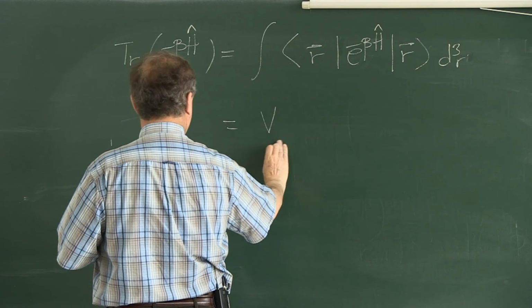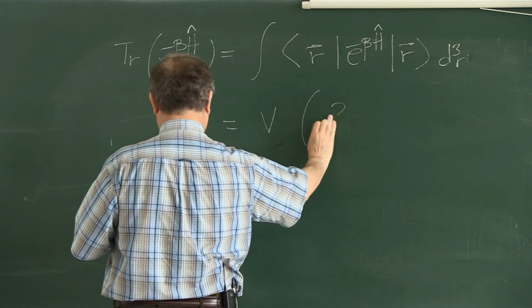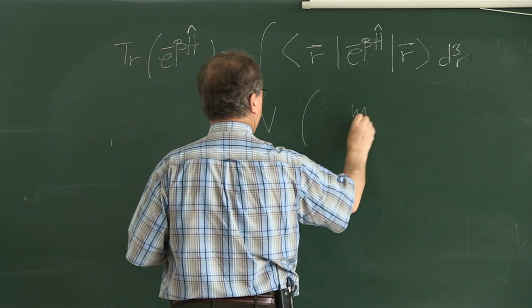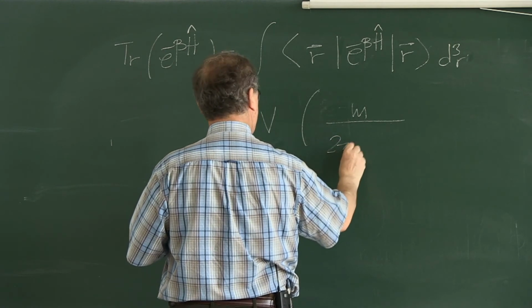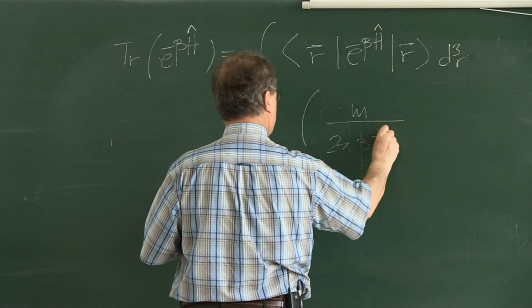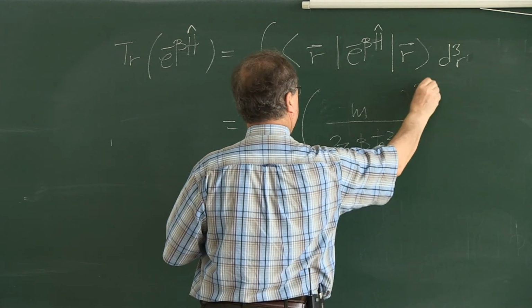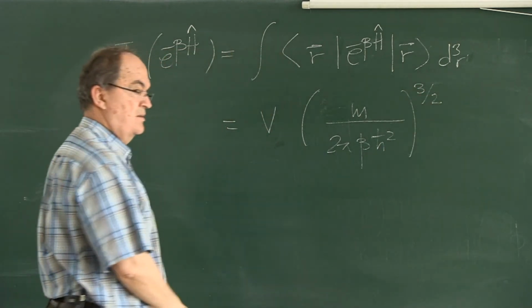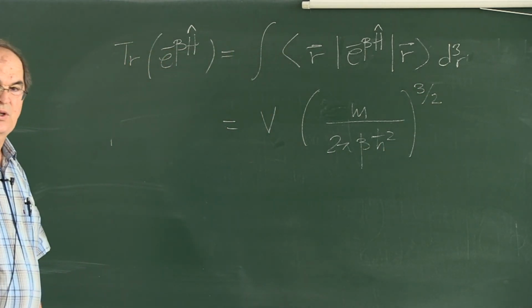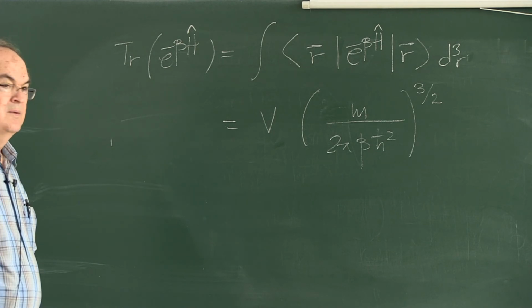It is V times m over 2 pi beta h bar squared to the 3/2. Check this, okay?